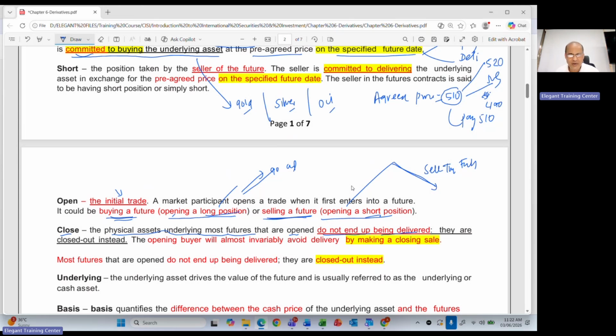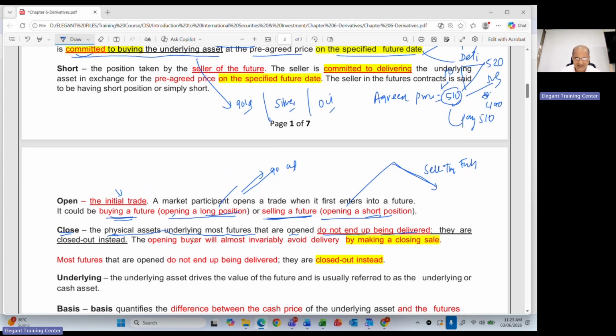How much will you pay? You pay 510, and you will get gold worth 520. Sometimes you say, no, I don't want gold, I don't want to take the physical delivery. So you will not have to pay 510. You get only the difference, $10. That's called closing out.